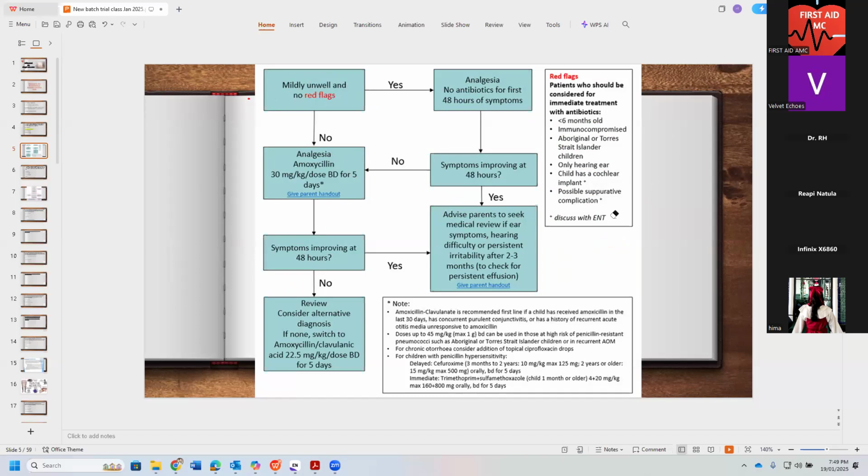If they have given you clues that they have fever plus less than 6 months of age, or Aboriginal or Torres Strait Islander children, or they say immunocompromised, so you have to choose oral antibiotics versus IV antibiotics as well. All right.